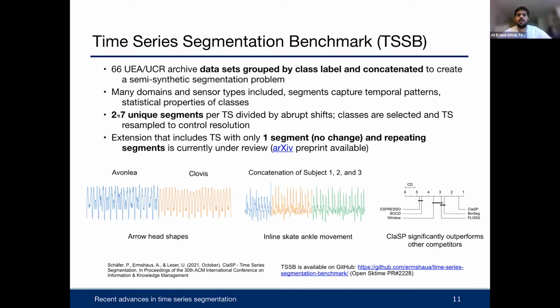Oh, okay. And my second question is, do you think segmentation on, for example, the UCR archive, so on these data sets, can help in the problem of alignment of time series? What do you specifically mean with alignment of time series?